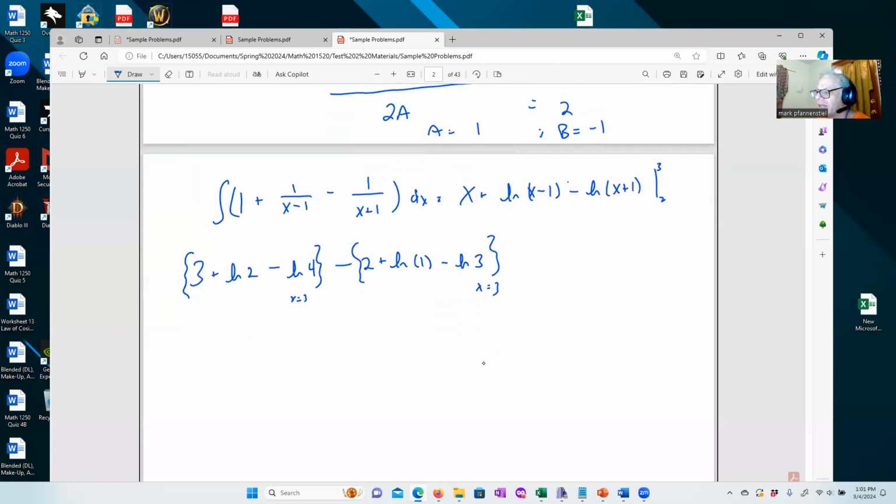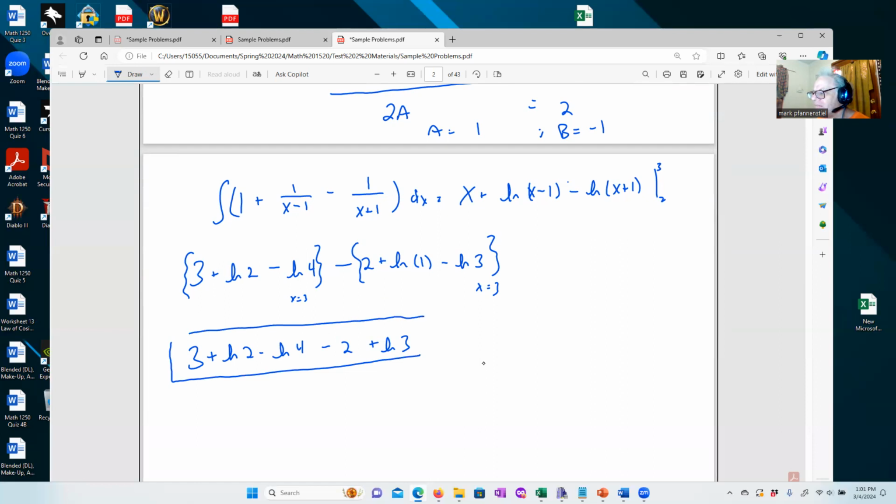So now the hard part is 3 plus ln of 2 minus ln of 4, minus 2. Ln of 1 is 0. Minus a minus, we have plus ln of 3. And I think that's what we could say for that.